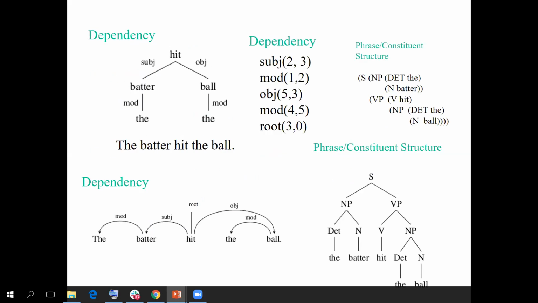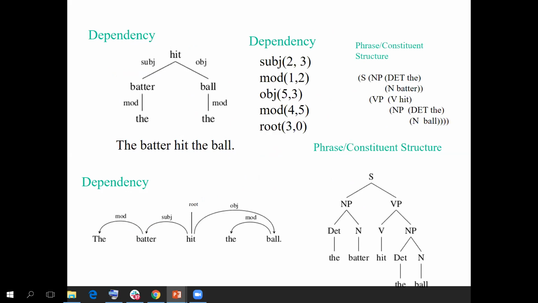Okay, any questions before we go on? Are these graphs always directed, or are they undirected? They're directed. Oh, they're directed, but this one is a tree.